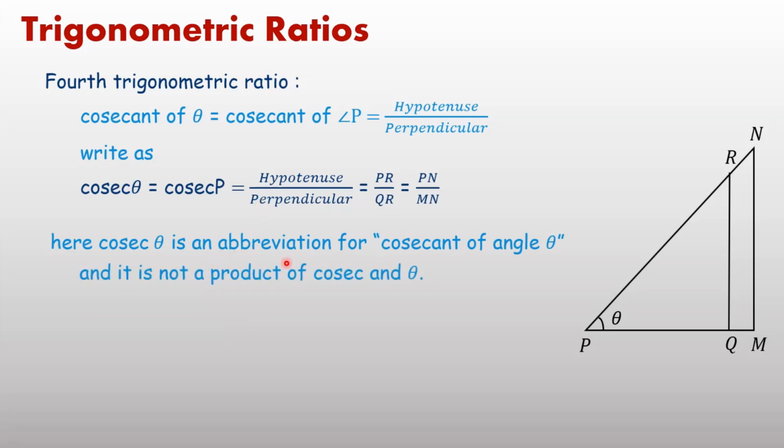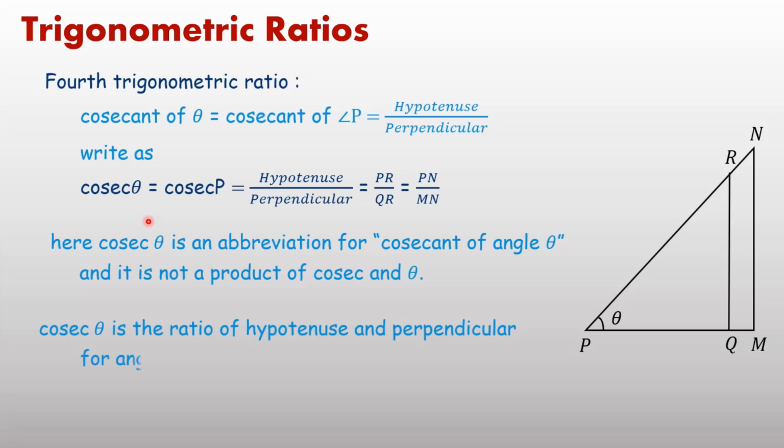Again, cosec theta is abbreviation for cosecant of theta, and also remember it is not the product of cosec and theta. Cosec represents a ratio and theta represents the angle for which we are going to write the ratio. So cosec theta represents ratio of hypotenuse and perpendicular for angle theta. This is the fourth trigonometric ratio.